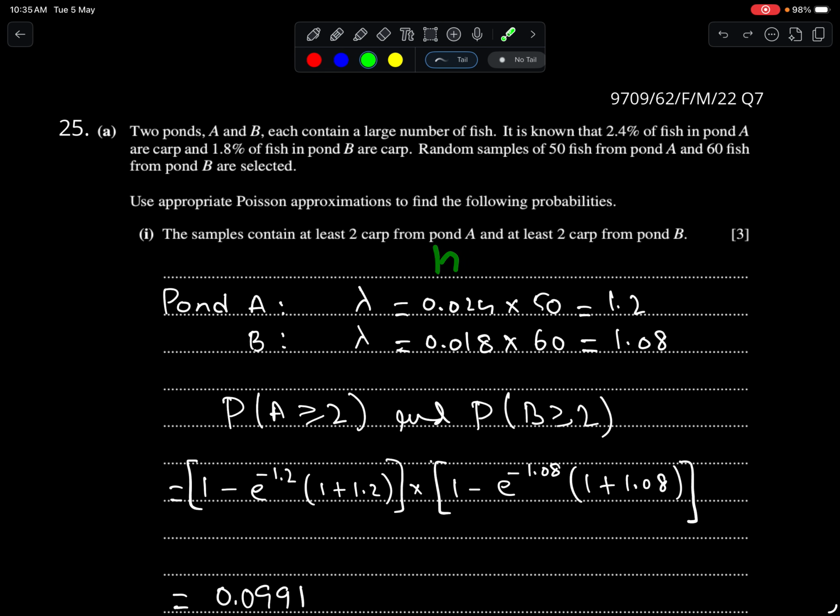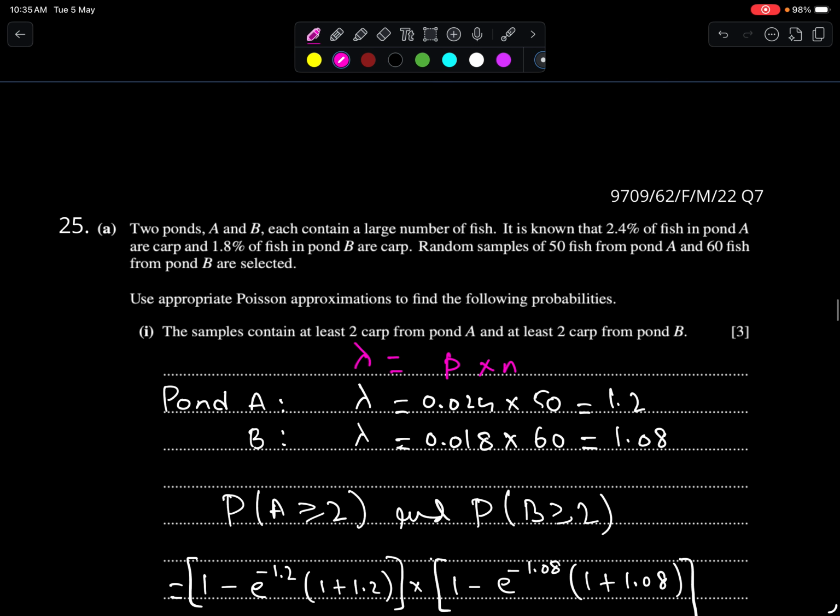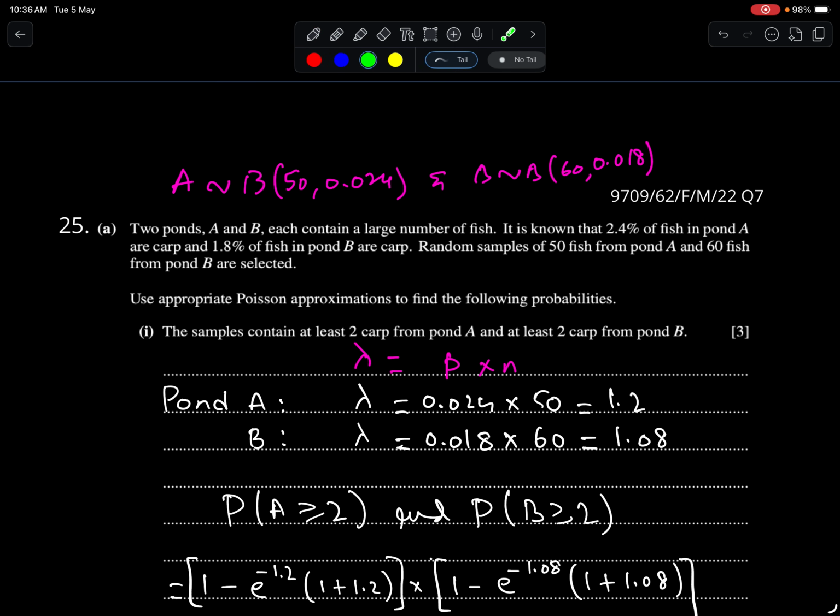Pond A follows a binomial distribution with n 50 and p 0.024. Pond B also follows a binomial with n 60 and p 0.018. So with the help of the mean np we can get lambda.